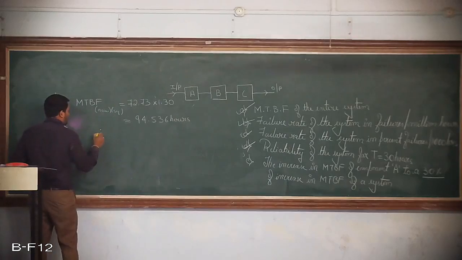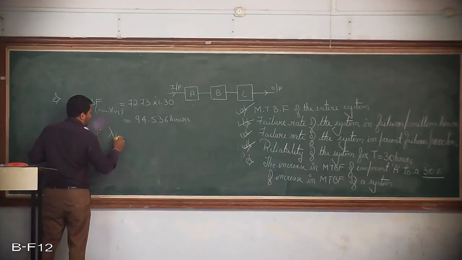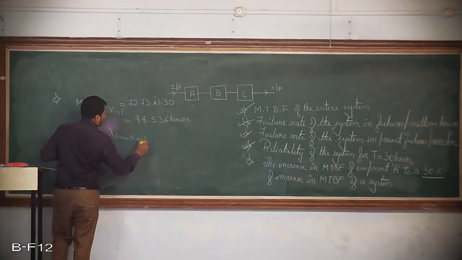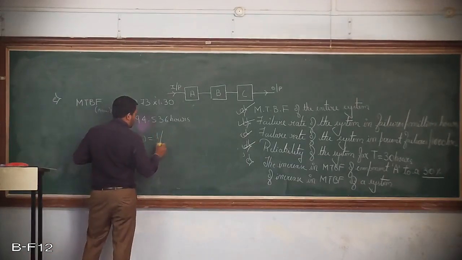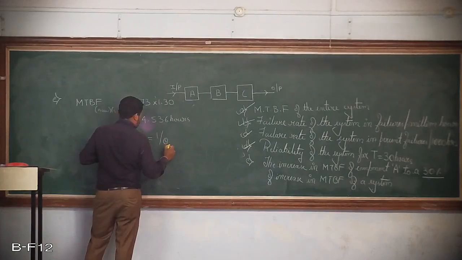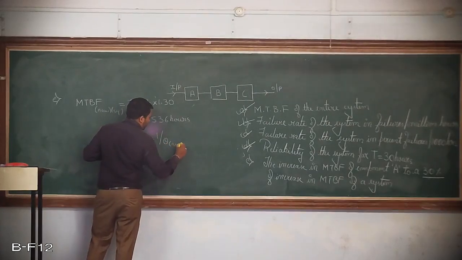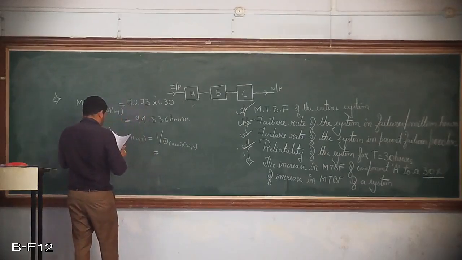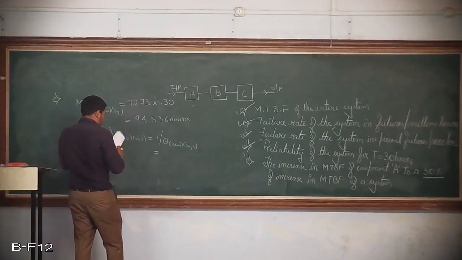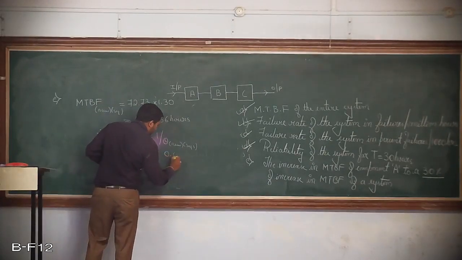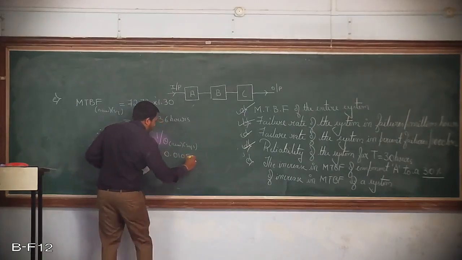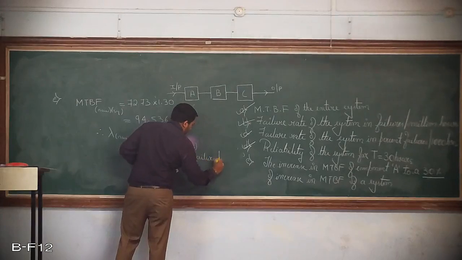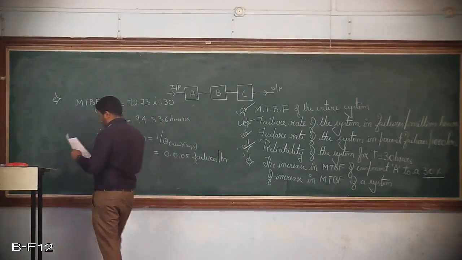Therefore, the failure rate per hour of the new system is 1 by this new theta, which will come as 0.0105 failures per hour.